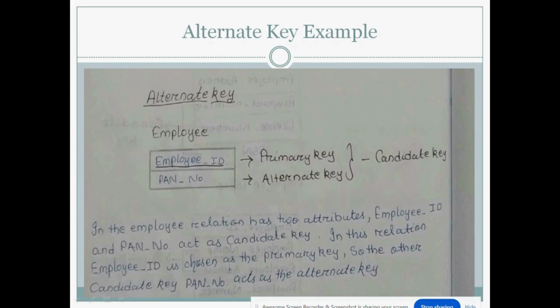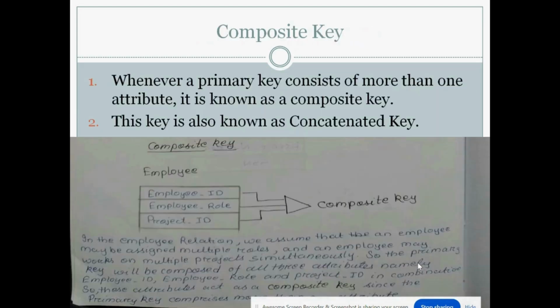Now coming to the next key, that is composite key. Whenever a primary key consists of more than one attribute, it is known as a composite key. This key is also known as concatenated key.